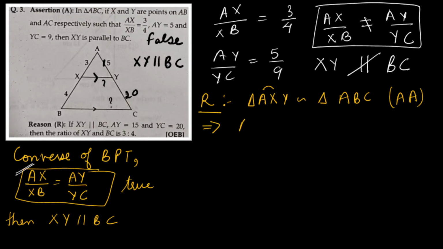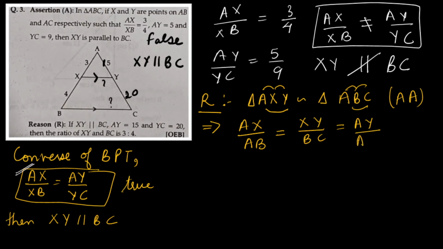So AX, corresponding side is AB. So AX by AB is equal to XY by BC, and this is equal to AY by AC. So corresponding sides I have already told you how to figure out.